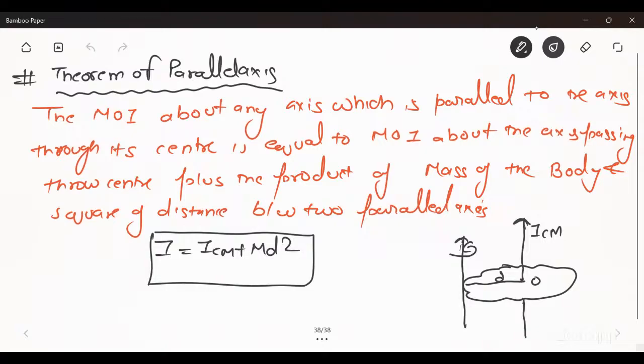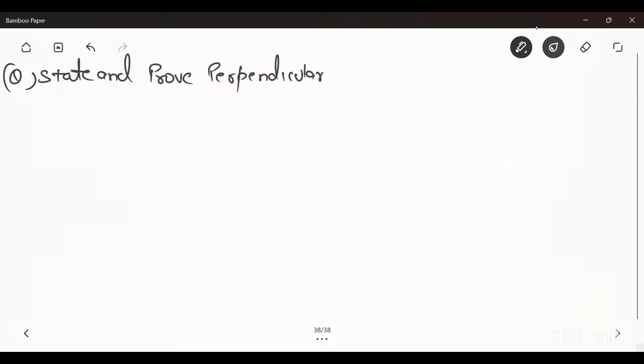Now the first question is state and prove the perpendicular axis theorem. Now I have proved that one.